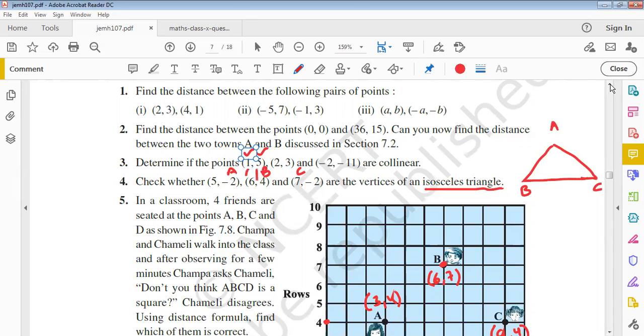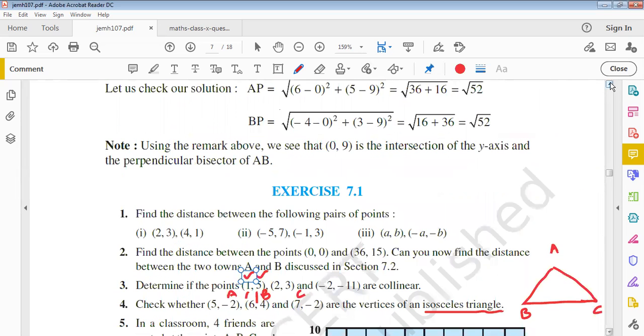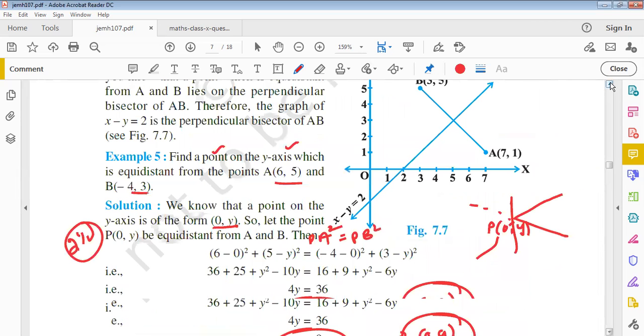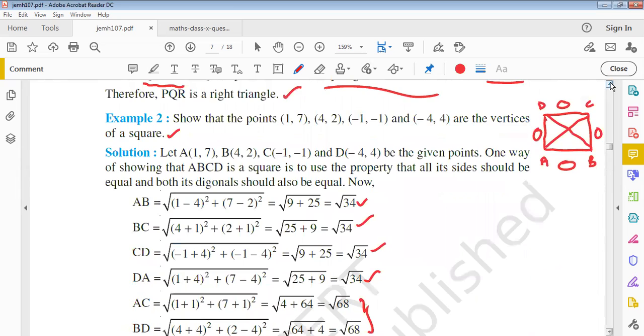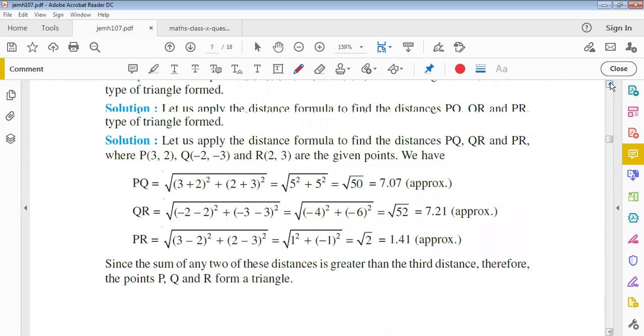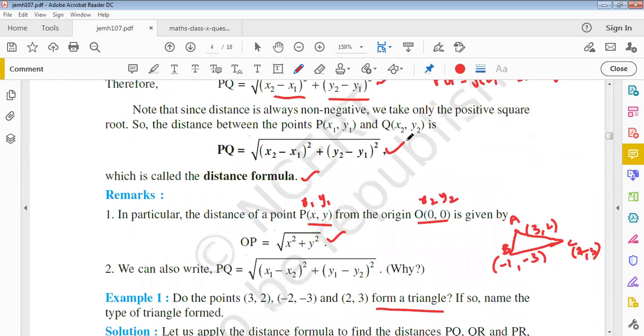And in this 10th standard we have learned the distance formula, root over (x2 minus x1) whole square plus (y2 minus y1) whole square. Based on that formula, we have done questions relevant to collinear points, types of triangles, types of quadrilaterals, the relationship between x and y, and unknown points on the x-axis and y-axis. These problems are very, very important.